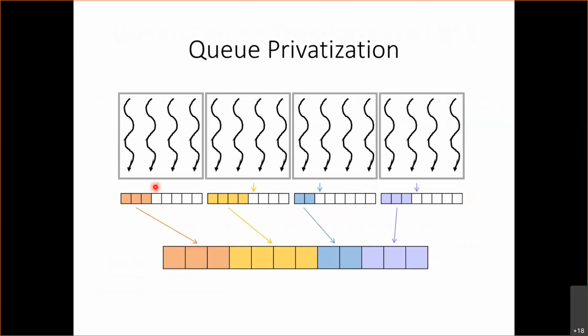By the way, privatization not only allows us to save on atomic operation contention, but also, when we write this local queue to the global queue, our writes will be coalesced, because we can have each thread write one of the elements of the local queue to the global queue. Okay, any questions about this?